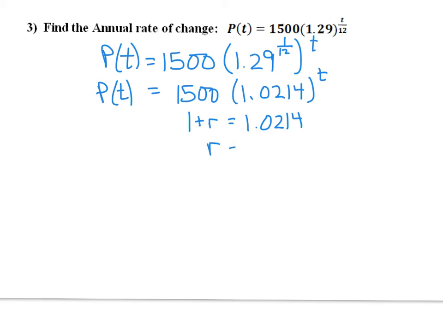So when I subtract 1 from both sides of the equation, I get that r is equal to 0.0214. When I convert that over to a percent, let's call that 2.1% per year. And that, of course, is my annual growth rate for this population.